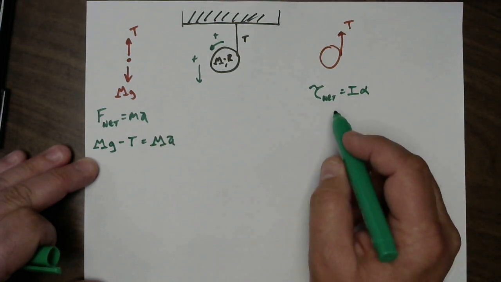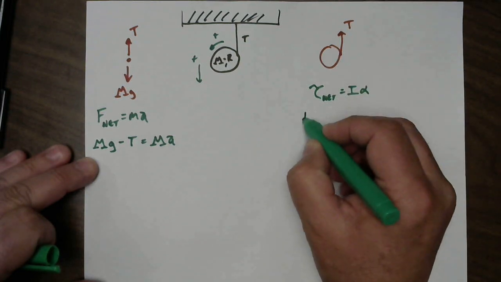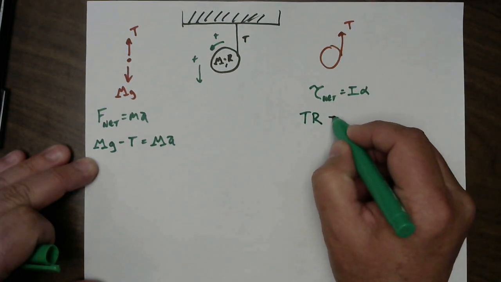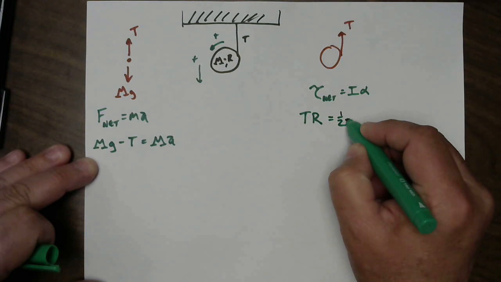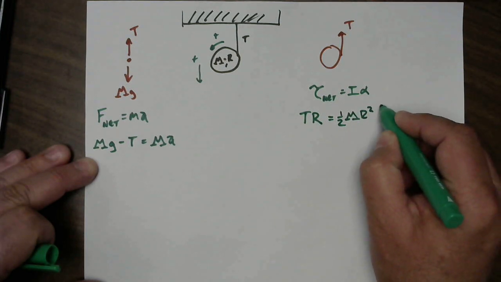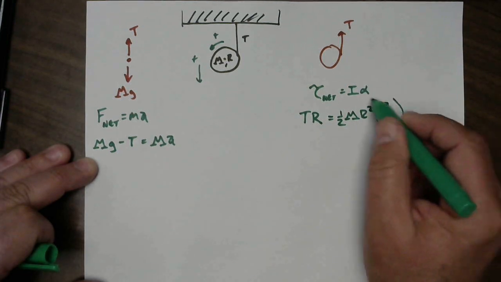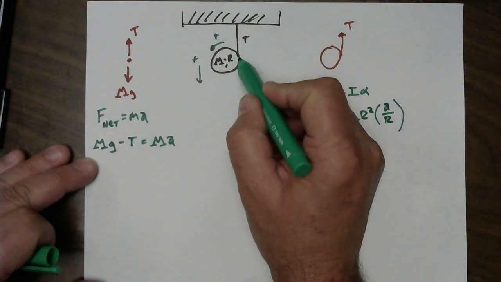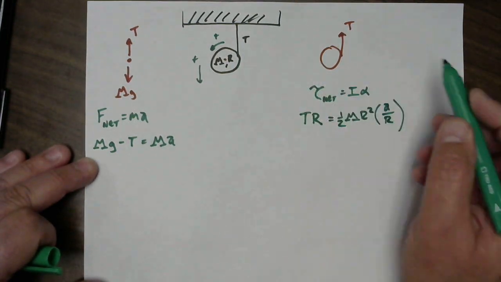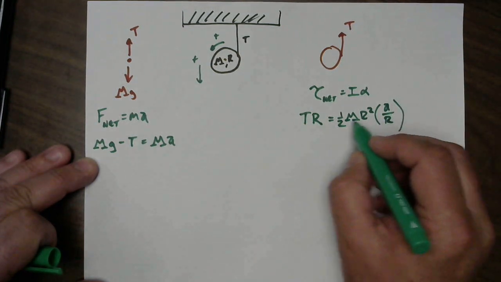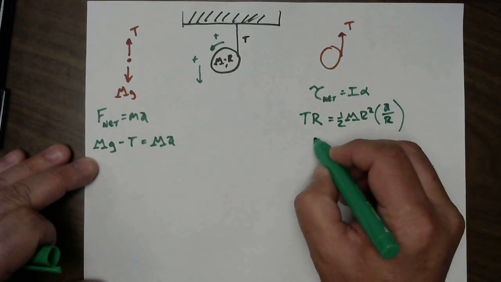And over here, T times r equals 1/2 m r squared, and then the quantity a over r, putting in my rolling without slipping. As long as this rope does not slip along the outside edge, we're in good shape. And the magical cancellation of r continues.